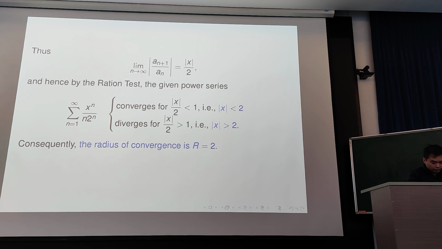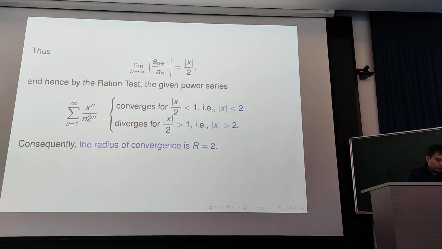So we finish the first step by saying the radius of convergence is 2. Okay? And keep in mind that our series is a power series about 0. That means a equal to 0, right?